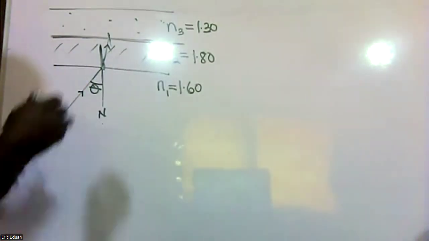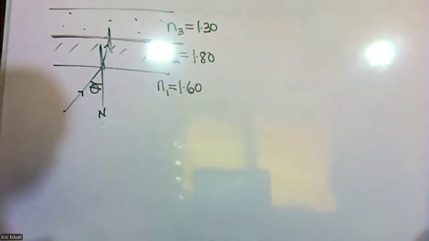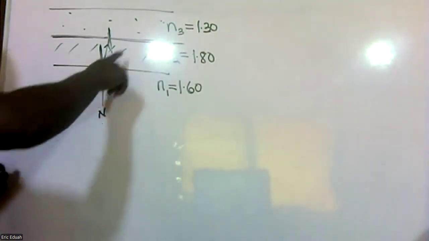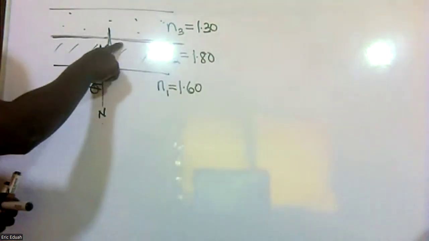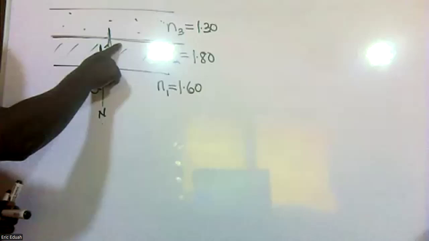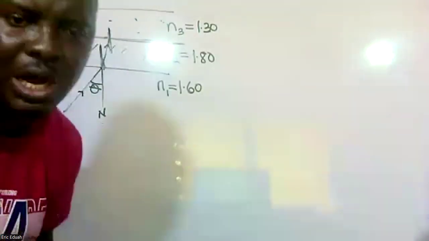Now, class, if the light ray hits the interface between material 2 and 3 at the critical angle, what do you think will happen?